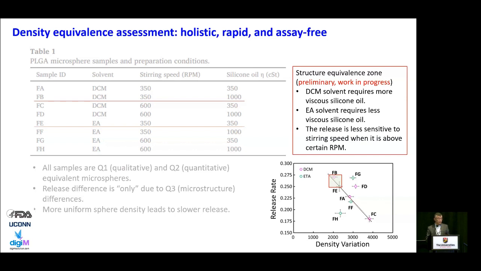In these particular 2 cases, the DCM solvent requires more viscous silicon oil, and EA solvent requires less viscous silicon oil. And the release is less sensitive to stirring speed when it is above a certain rotation speed. So these are some of the equivalence assessments associating the microstructure and the release rate with the process conditions.